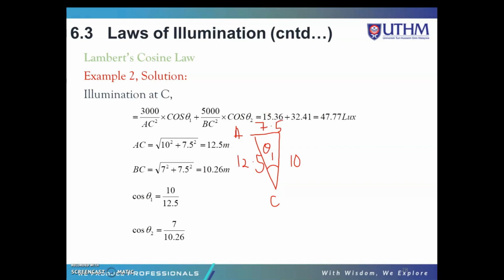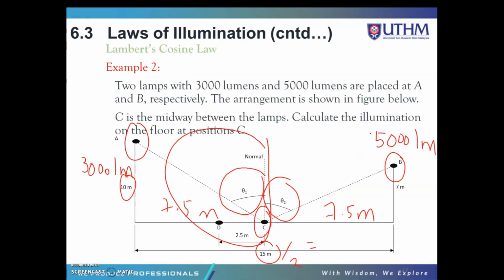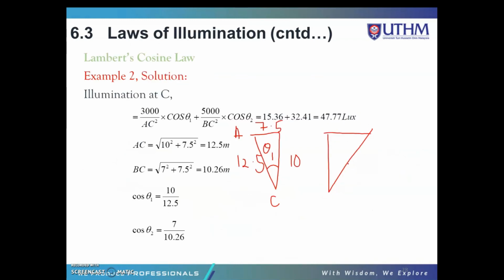Then you also have to do the second one, for BC. Here you have C and here you have B, and this one is theta 2.